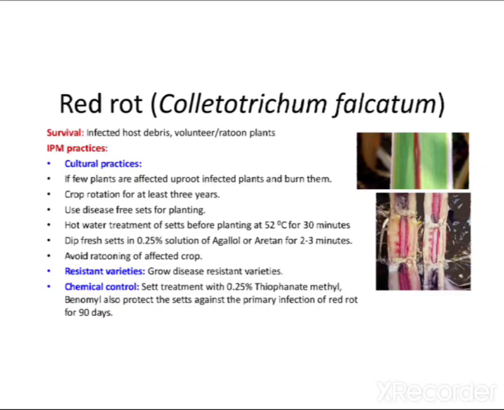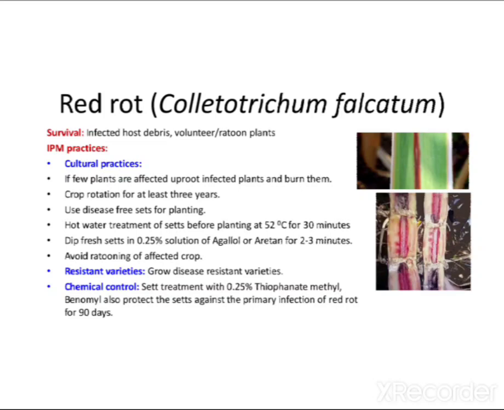Then we can also use hot water treatment of the sets before planting at a temperature of about 52 degrees Celsius for 30 minutes, which is one of the most effective control measures for the management of the particular pathogen.